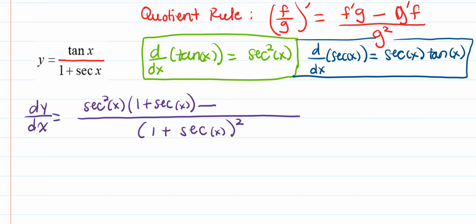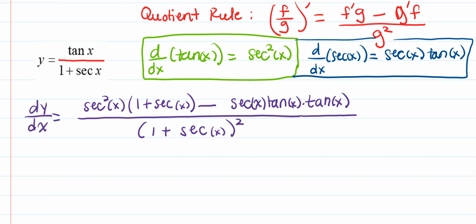Derivative of 1 is 0. The derivative of secant is secant of x, tangent of x, multiplied by the numerator, which is tangent of x.